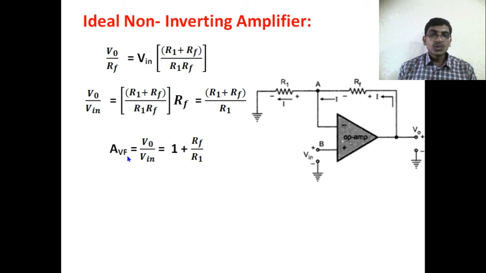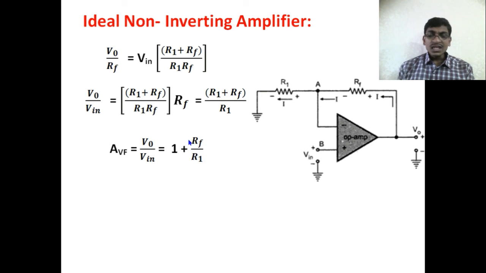Therefore, the closed loop voltage gain of the ideal non-inverting amplifier AVF is equal to V naught by VIN, which is equal to 1 plus Rf by R1. This is the standard equation for non-inverting amplifier gain, 1 plus Rf by R1.